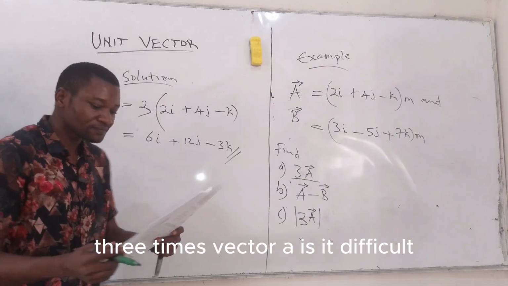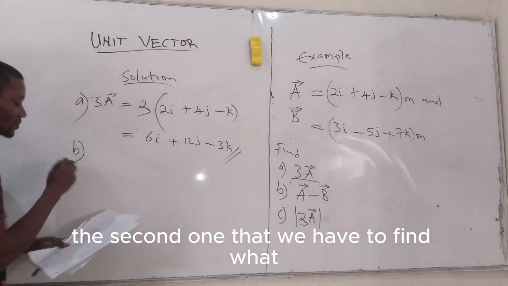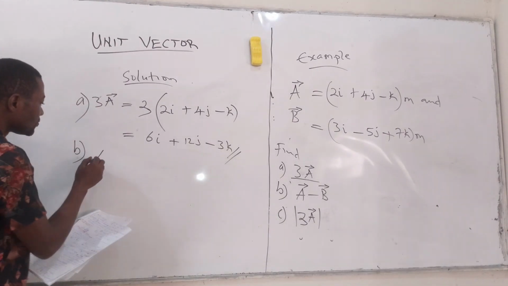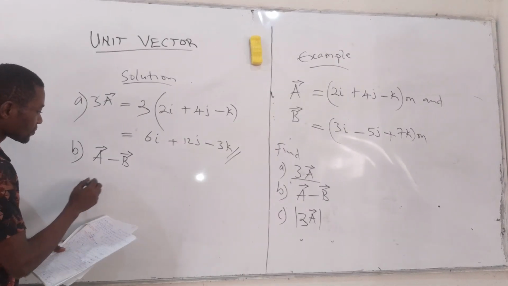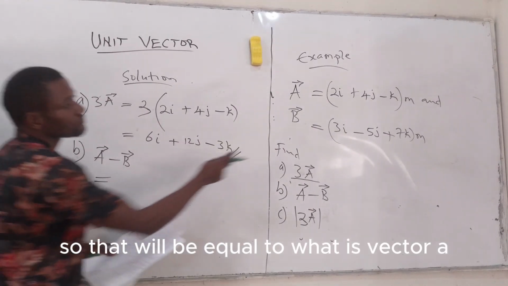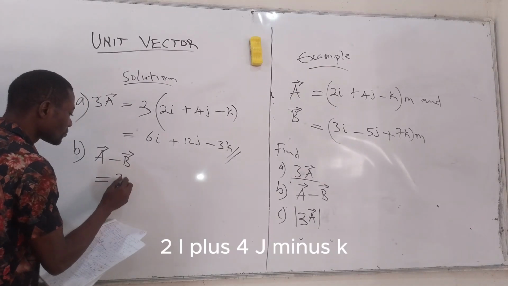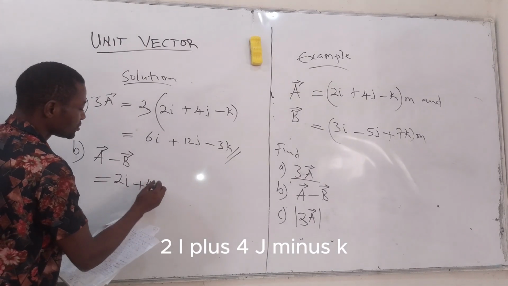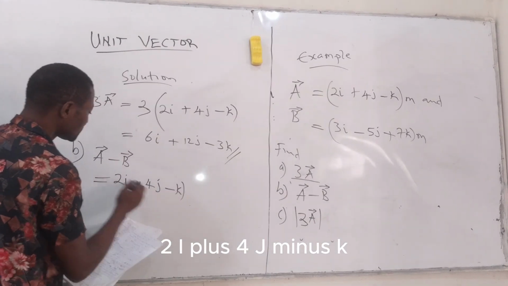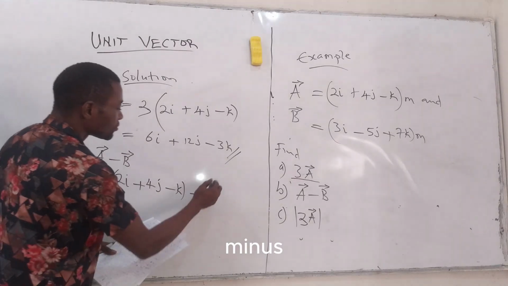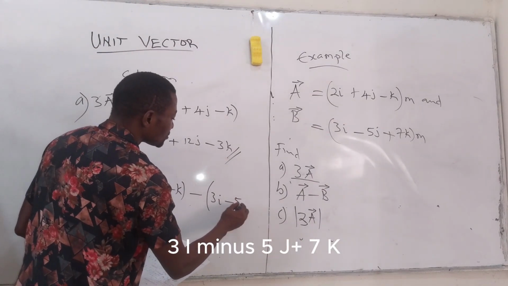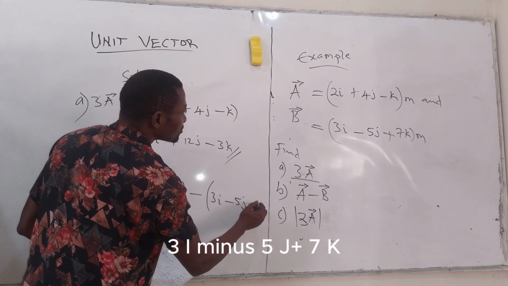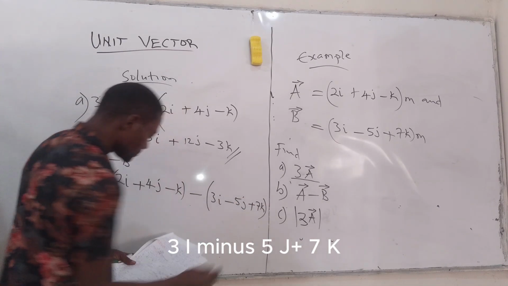Is it difficult? The second one, that we have to find what? Vector A minus vector B. So that will be equal to, what is vector A? 2i plus 4j minus k, minus 3i minus 5j plus 7k.